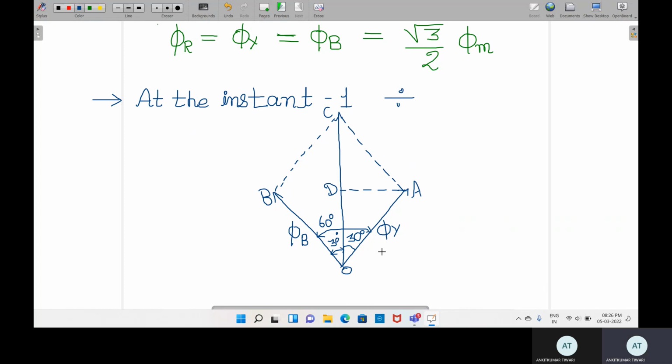In the mathematical way, we call it a resultant, which is defined in a different way. So OC is the resultant quantity, the resultant of the OB and OA vectors. So the OA and OB vectors have been represented by OC finally. So I will write OC. So what is OC? Resultant flux.